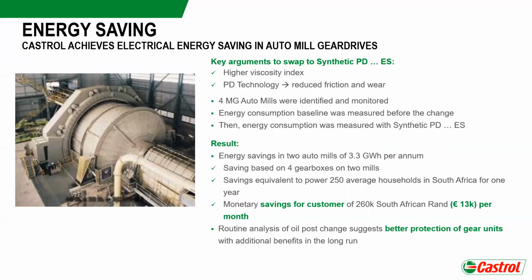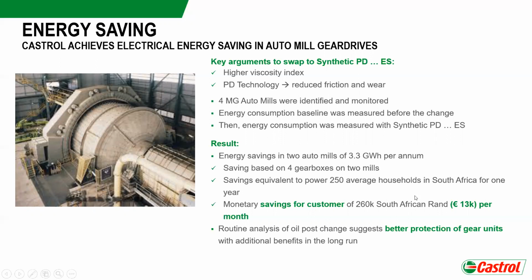The lower friction translated into lower energy consumption. Enough energy was saved equivalent to probably power 250 households for a year, and saving monetary wise about 13,000 euros per month. An analysis also showed lower wear metals with PDES, indicating better protection of the gear units. So a real example where PDES can save energy.